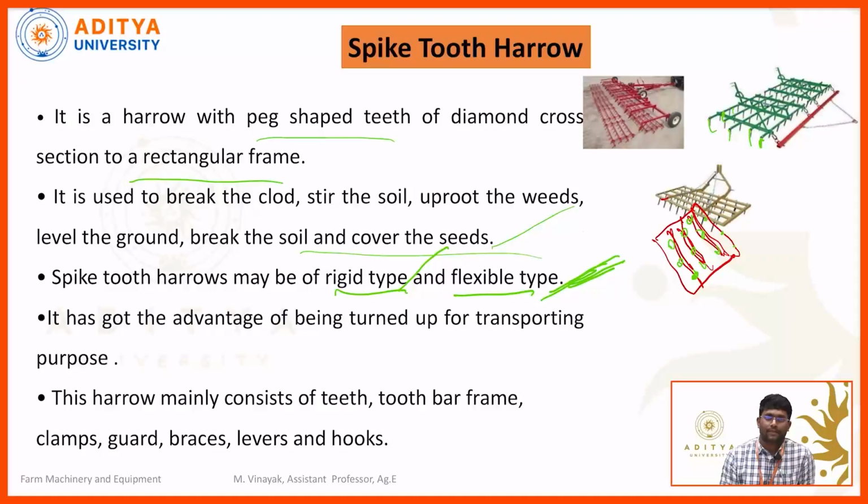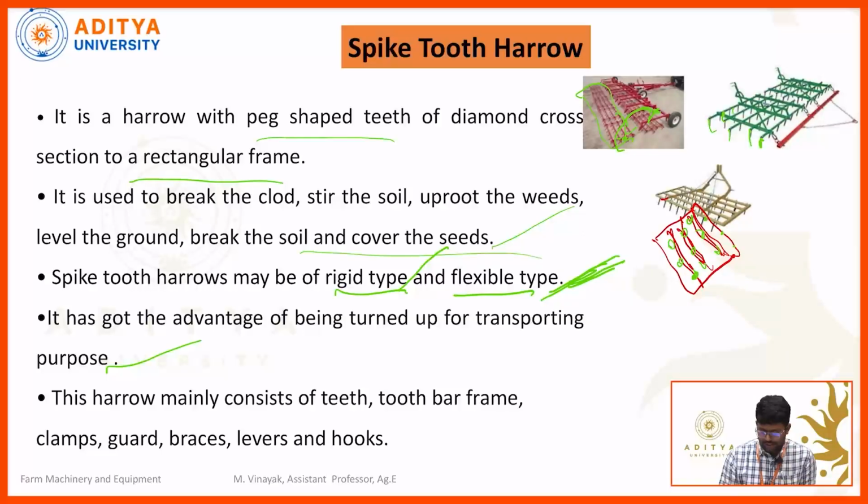Next one. It has the advantage of being turned up for transporting purposes, so it can be foldable. Here you can see the set of spike tooth harrow. This set can be easily folded and hung to this section, so it is easy to transport.